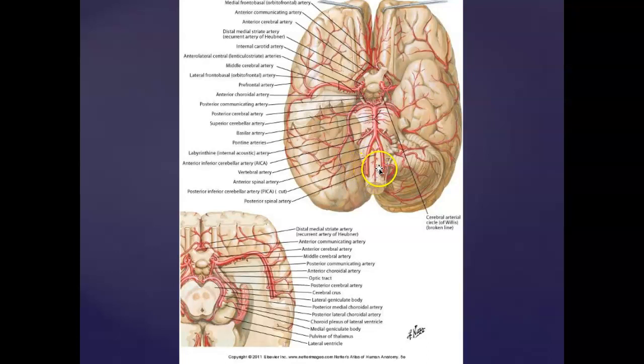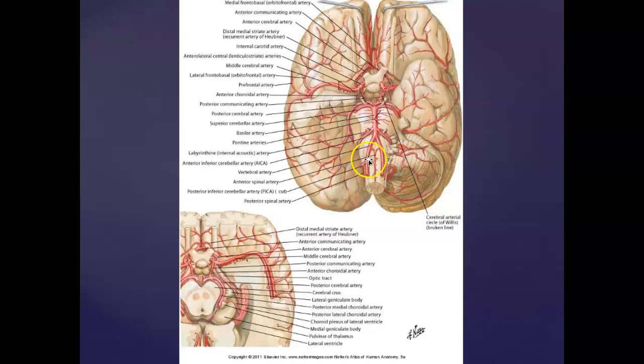So the first branch off is going to be right here and right here on each side, the posterior inferior cerebellar arteries. Netter has abbreviated that PICA, P-I-C-A, posterior inferior cerebellar artery. Guess what it does? Guess what it supplies? That's right, the posterior inferior aspect of the cerebellum, right?